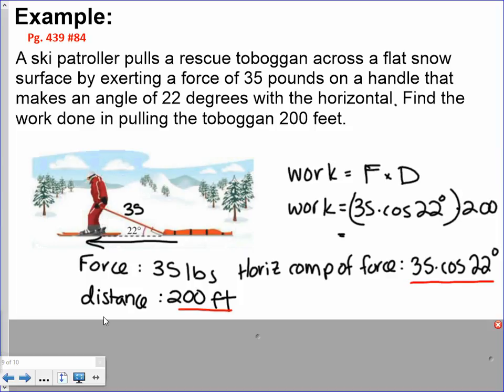I get something like 6,490.29. And my label here, because I was multiplying force times distance, we're going to check our labels. Our force is in pounds and our distance is in feet, so our label here would be 6,490.29 foot-pounds.